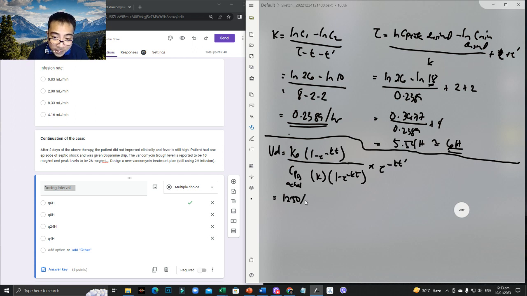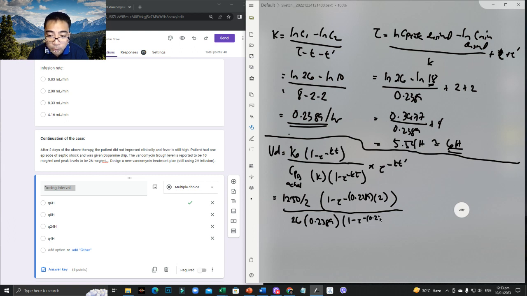So, you have to divide this by 2. Right? Times 1 minus e negative 0.2389 times T, which is the infusion time, 2. Over, ang CPSS natin, actual CPSS is 26 times 0.2389 times 1 minus e negative 0.2389 times tau, which was every 8 hours.